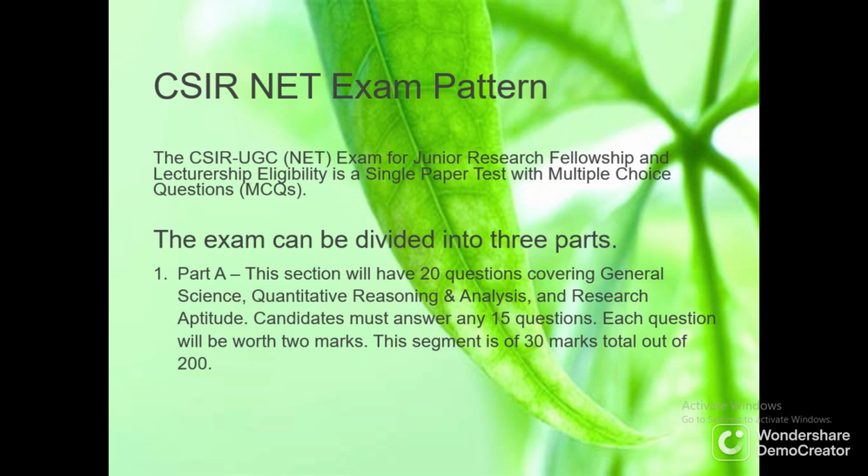In Part A, we will have 20 questions covering general science, quantitative reasoning, analysis, and research aptitude. Candidates must answer 15 questions. Each question is worth 2 marks. This section is 30 marks total out of 200.